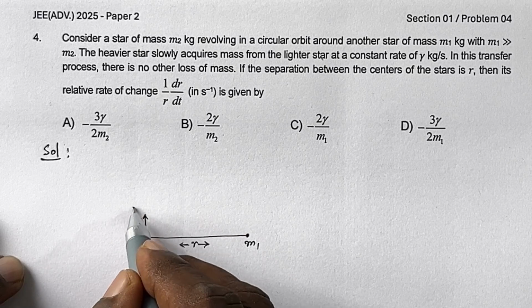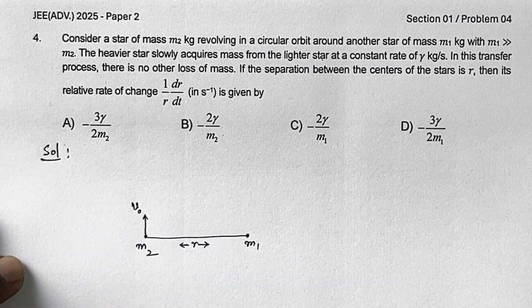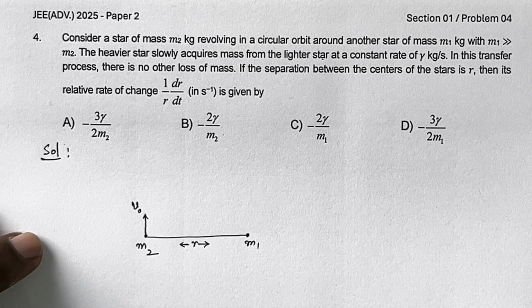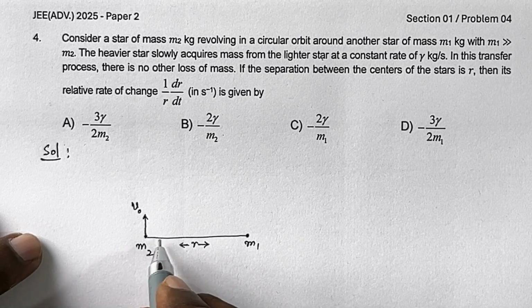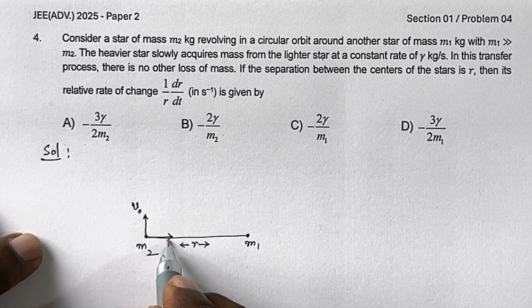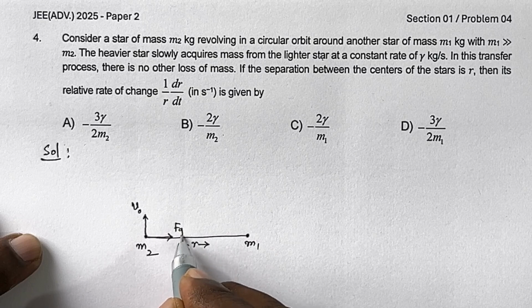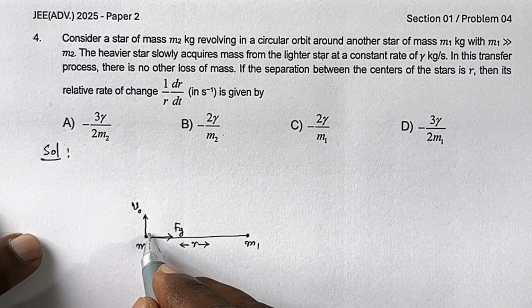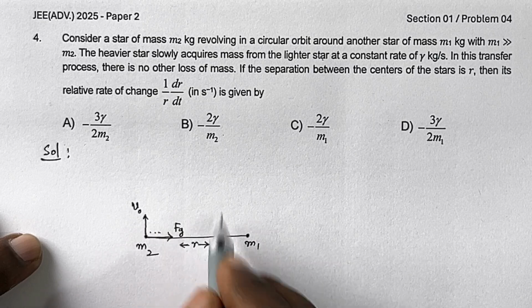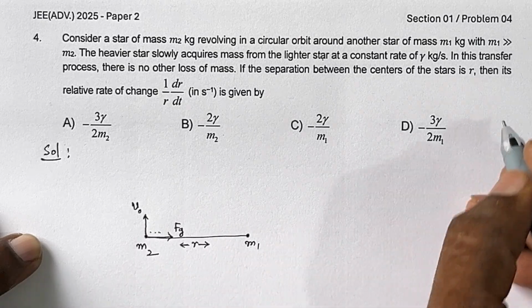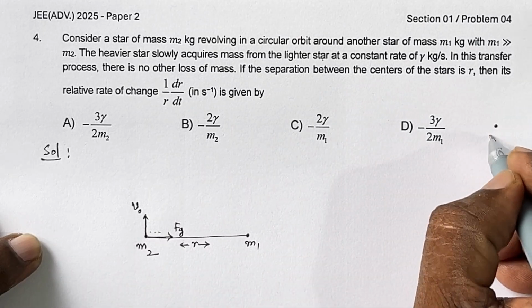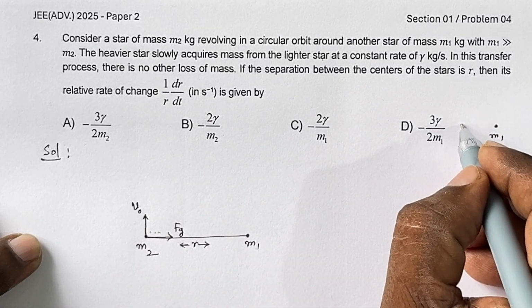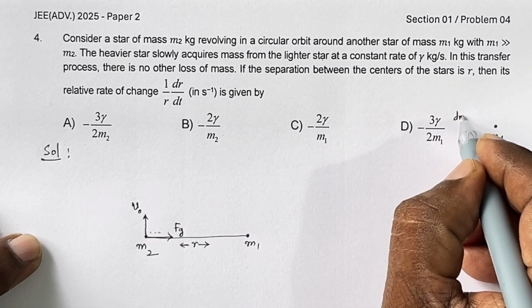When it is moving in its orbit, it has some orbital velocity. Because of this normal gravitational force acting on m1, m2, slowly all the particles will be separated and take a spiral path like this. See, this is m1. Small particles, I will take dm2.